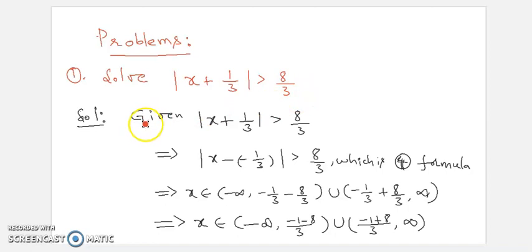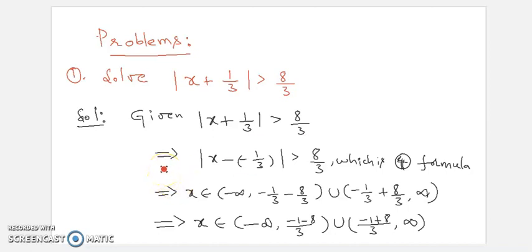Solution. Given modulus of x plus 1 upon 3 greater than 8 upon 3, this is the given problem. From that problem, we are going to solve for the x values.